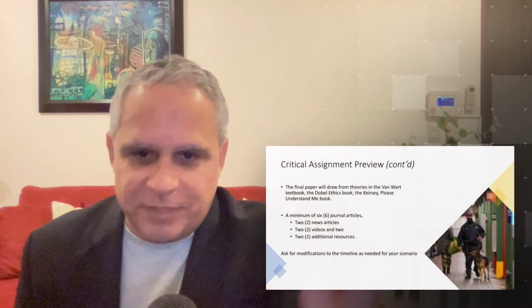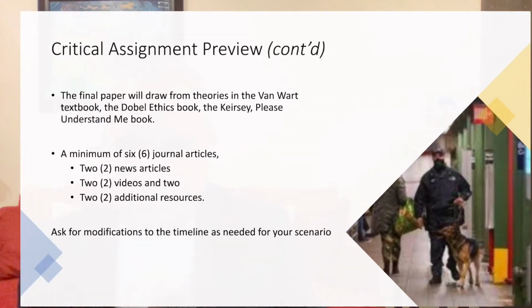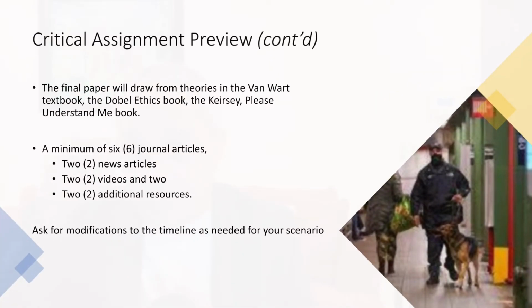To conclude with the final assignment, the critical assignment, it should draw on multiple theories, including the textbook, but also beyond the textbook. This is a graduate course, so we should be thinking about being scholarly and incorporating peer-reviewed work to substantiate our claims and our work. You are going to be required a minimum of 6 journal articles.